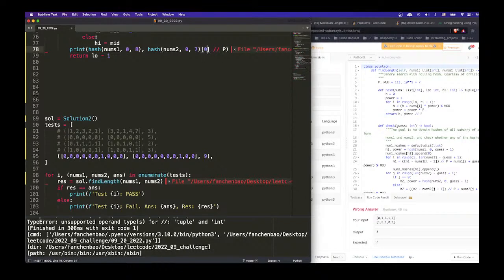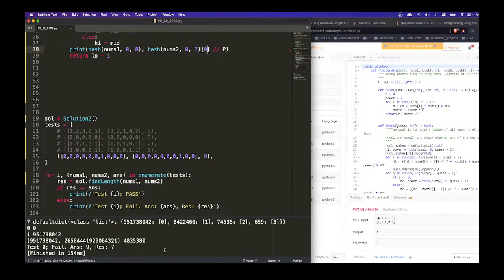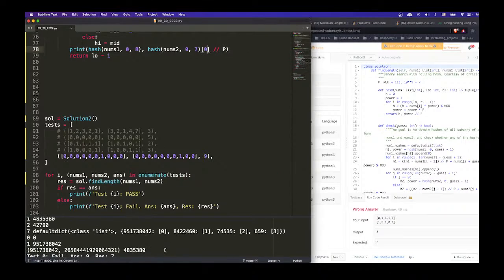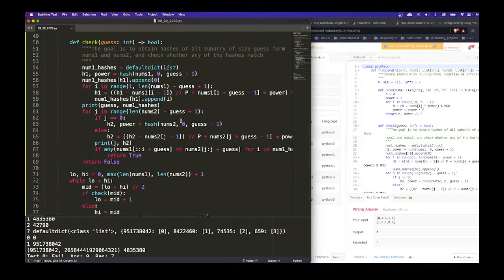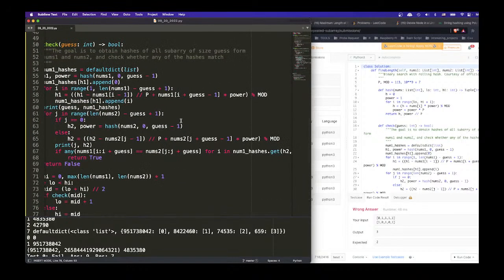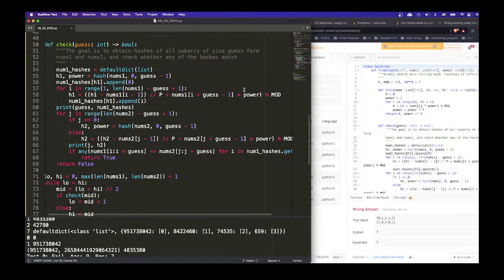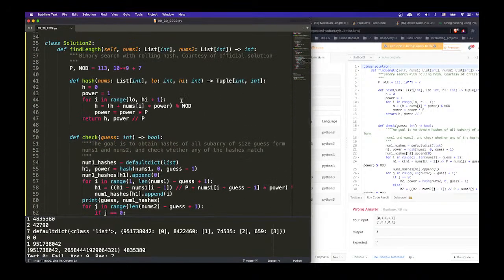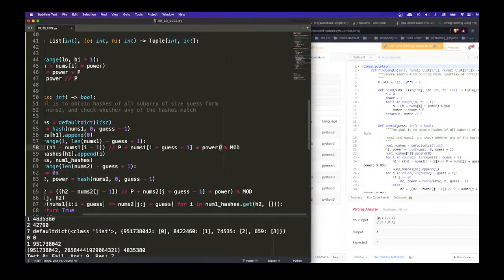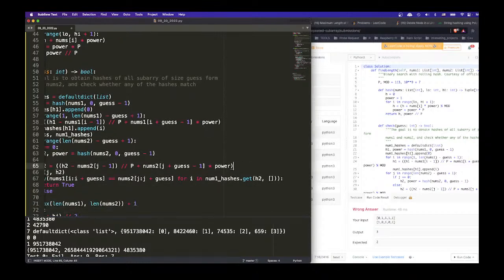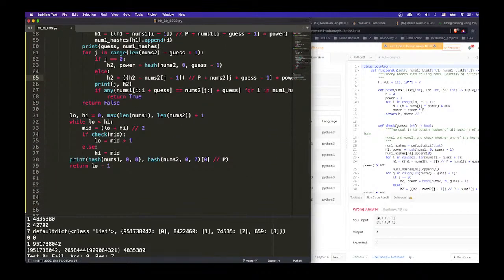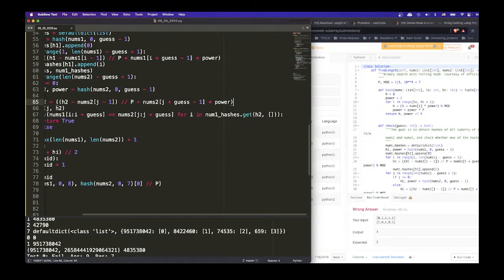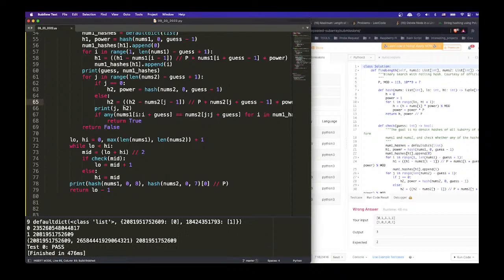So 0. Could be the mod. Yeah, I think it's mod. I think mod is playing with us. So if we get rid of the mod, I think it will be right. There we go. It's the mod.